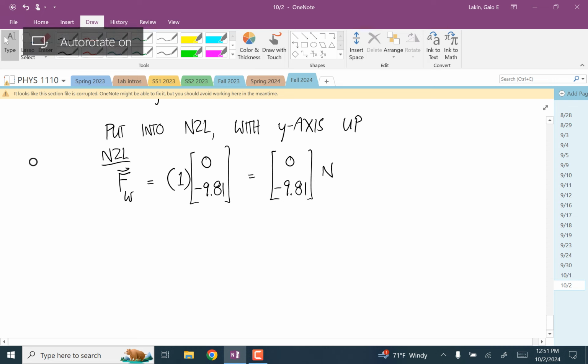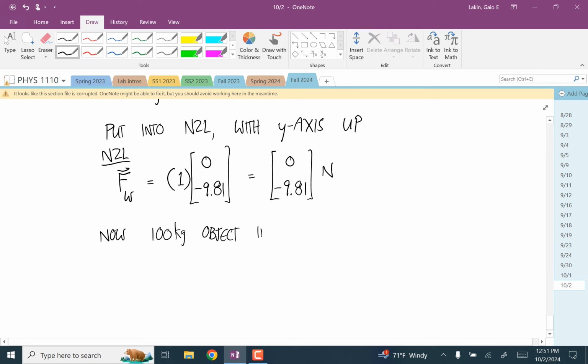Okay, so now let's do this same thing for something bigger. Let's do 100 kilograms and see what happens. So now we're going to do a 100 kilogram object in free fall. Newton's second law says the weight force acting on the object is equal to the mass, 100, times the acceleration in free fall of negative 9.81.